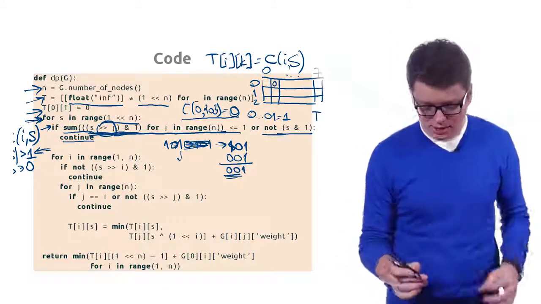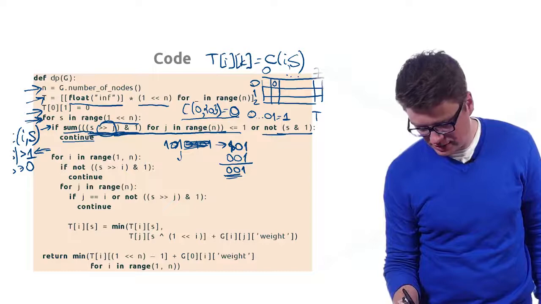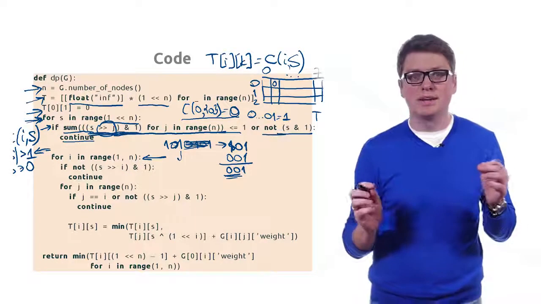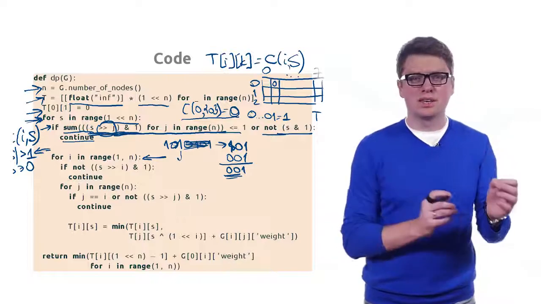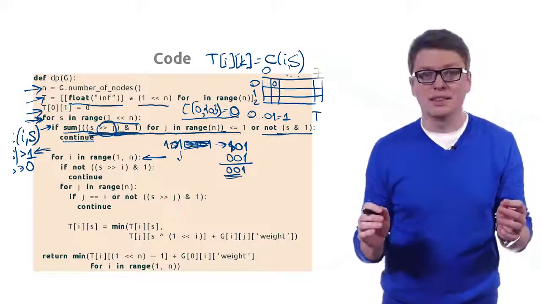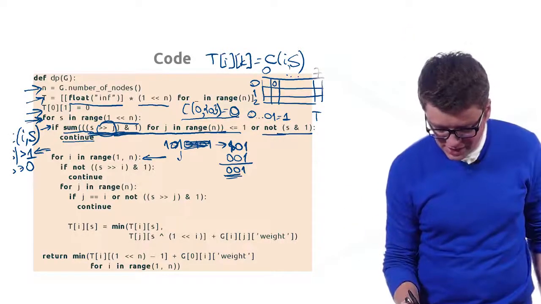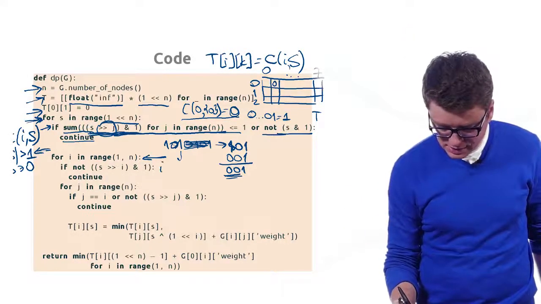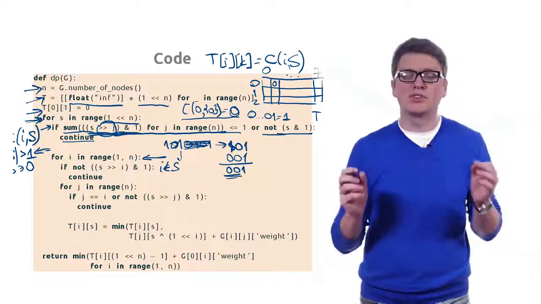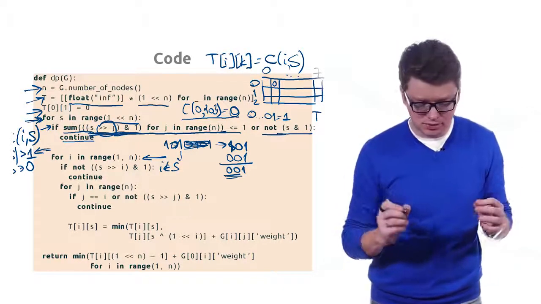Then we range, in another for loop, i ranges from 1 to n. So we are not interested in i equal to 0, and for this reason the range here is from 1 to n. Then first we check if i is not present in S. Here, if i is not present in S, we just continue. We are not interested in such sets, right?